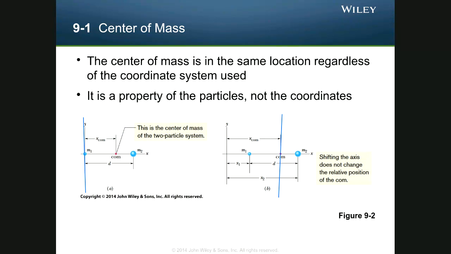So you'll notice that in each of these situations, if we put the origin at one particle, we can use equation 1, and we can write that it's equal to M2 X2 over M1 plus M2.